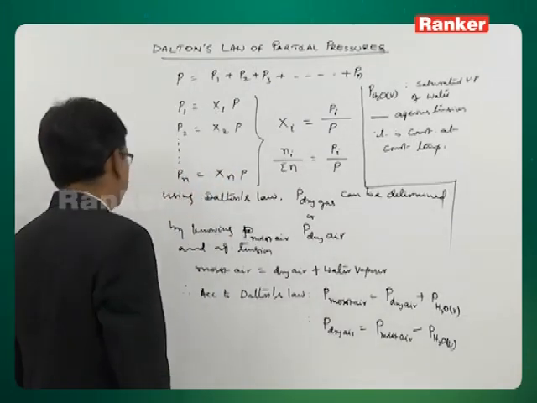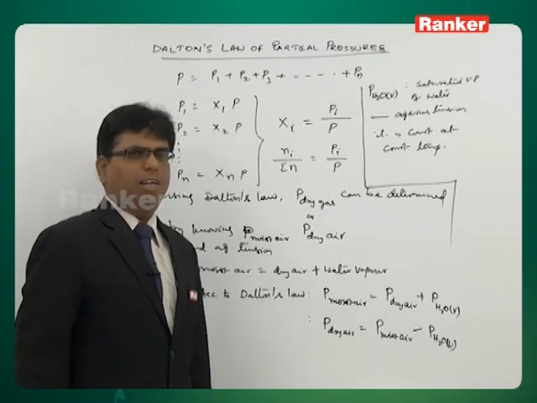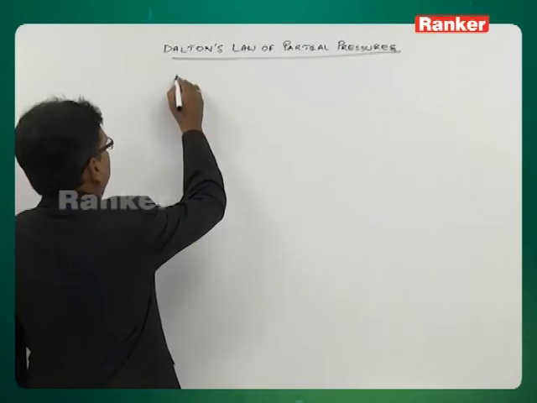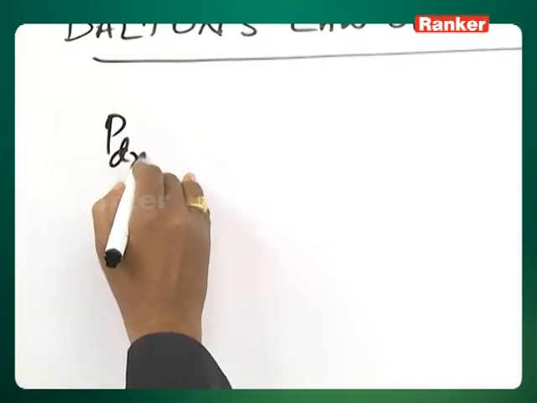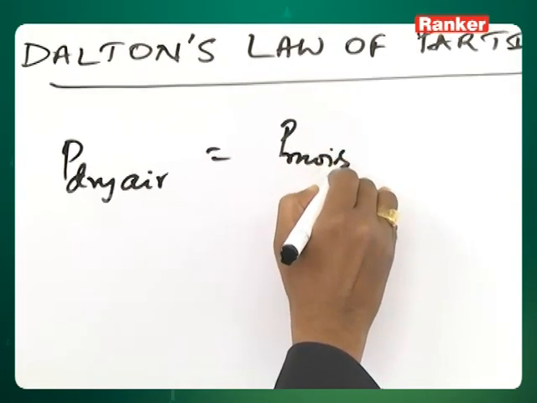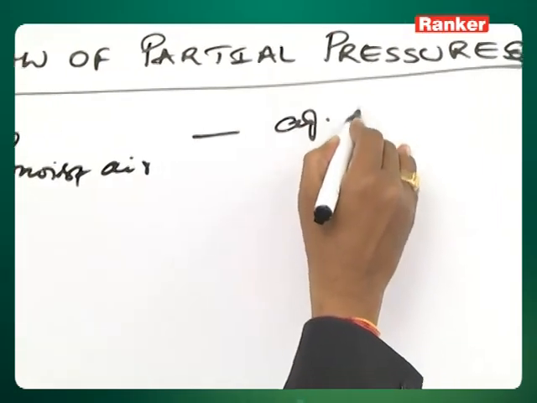Now, what exactly is aqueous tension, and what more can we discuss on this, is what we will look into now. So, the pressure of dry air is equal to the pressure of moist air minus aqueous tension.